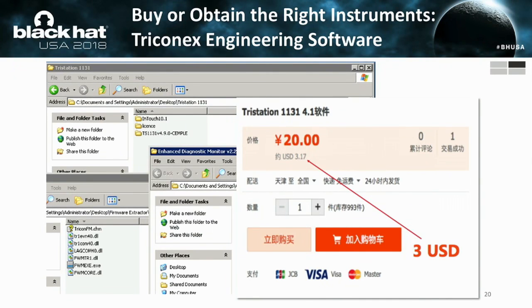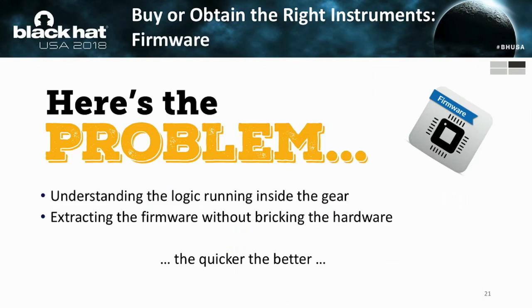We tried it, just because we were curious. For $3, they send you the complete toolset to talk with the TRICONEX station. And it was not that complicated. They even have more than one, they have many. So that is how you can obtain the software necessary to talk with the TRICONEX system.